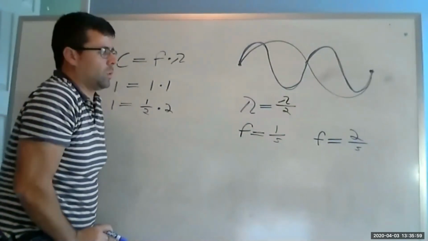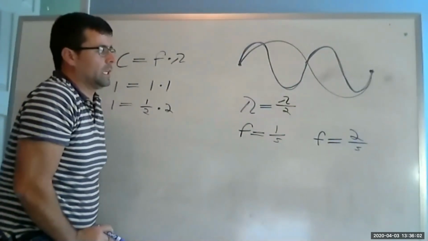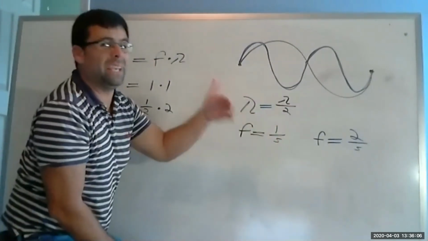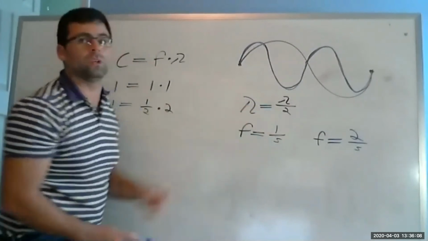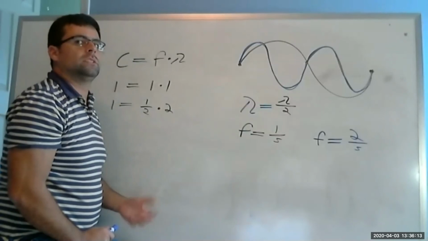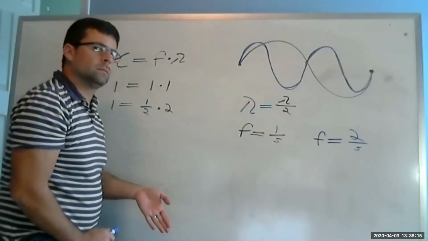Its frequency is twice as much because its wavelength was half as much. Does that make sense?